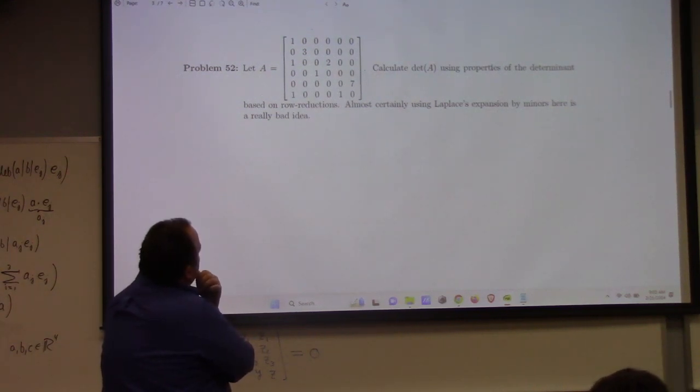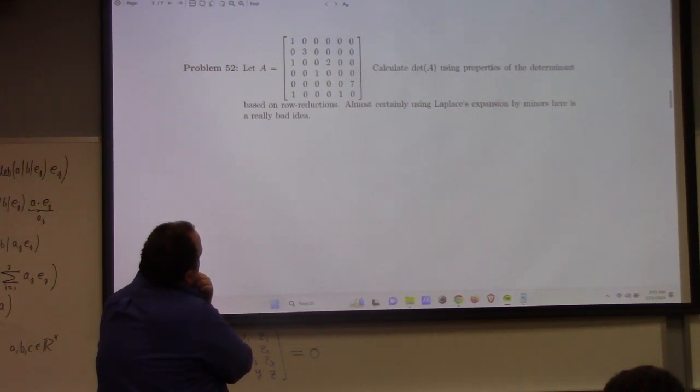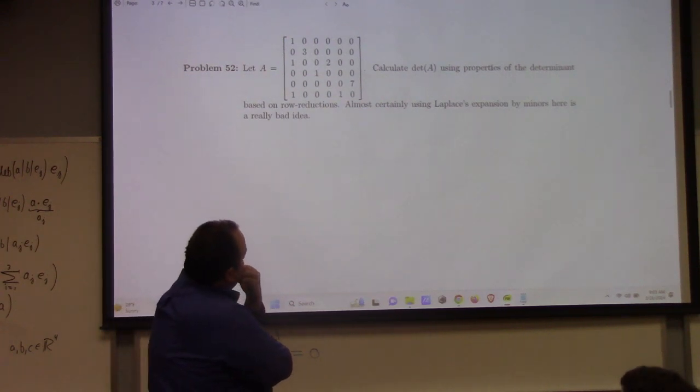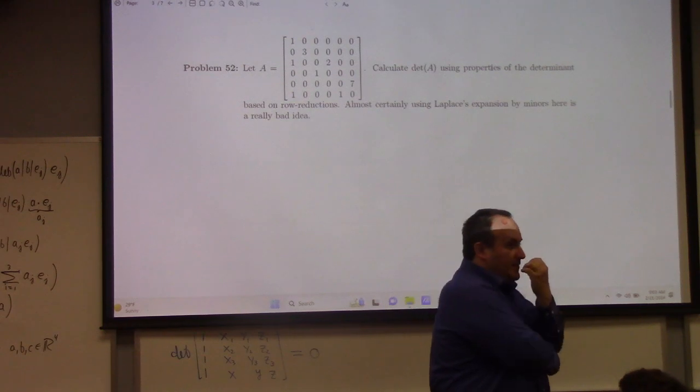First column? Do it once in the third column first. All right, so the answer is 1 times 3 times 2 times 1 times 7 times 1. So the answer is 42. How do I know that?